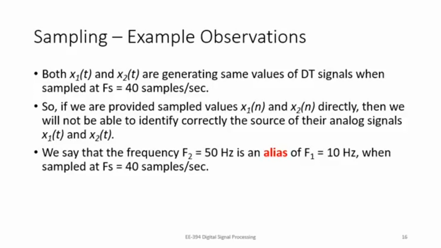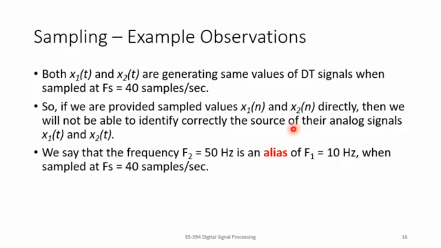So the problem is that if we don't know x1(t) and x2(t), but we are just provided the sampled versions x1(n) and x2(n), so you are handed these two signals directly and are asked, can you tell me what were the original analog signals these come from? We will not be able to identify correctly the source of their analog signals, because both of these signals are generating the same samples and it will be difficult to identify the sources.